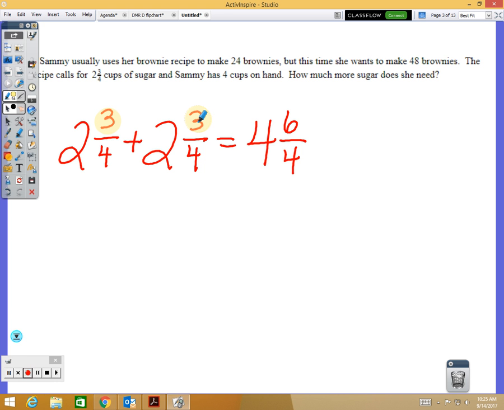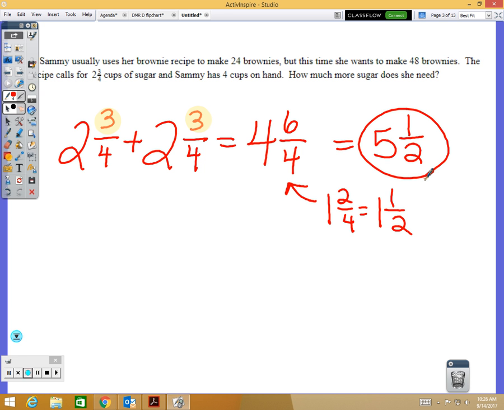That's like fractions 101 right there. Sorry about that. Alright, so 3 plus 3 gives you that 6. You keep your denominator. Now 6/4 is 1 2/4, which is the same as 1 1/2. Okay? So we need to add that 4 with your 1 1/2, and that's going to give you 5 1/2 total. Okay, that's not my answer though.